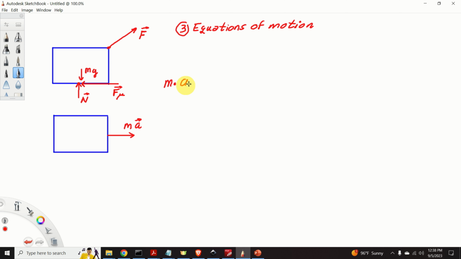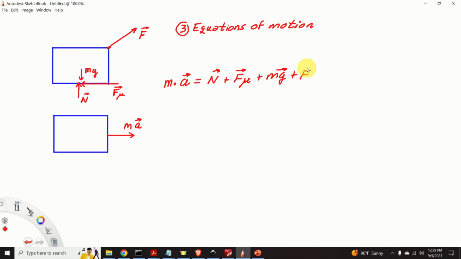Mass times the acceleration vector is equal to the sum of all the forces acting on this system, that is, acting on this particle. We have normal force N plus F mu plus mg and plus F.